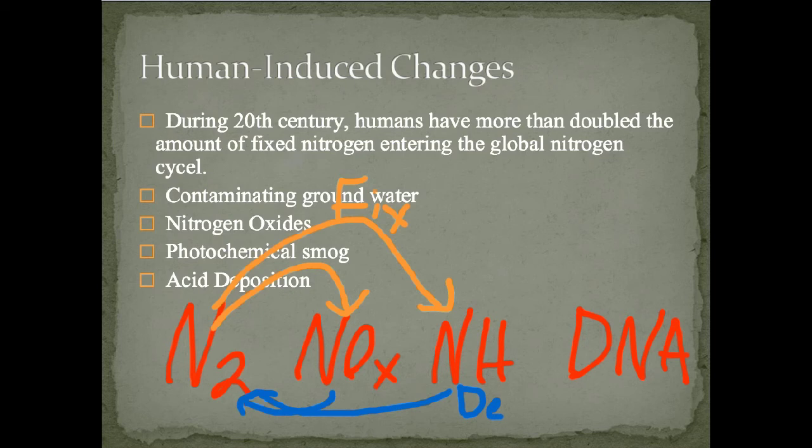Where you go from nitrates to ammonias, you get nitrification. Where you go from either nitrates or ammonias into DNA, you have assimilation.